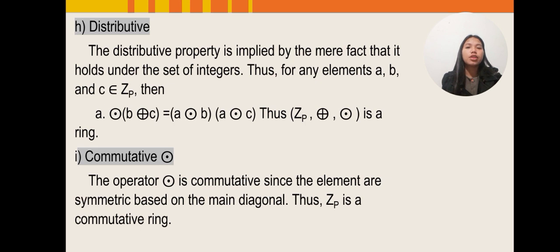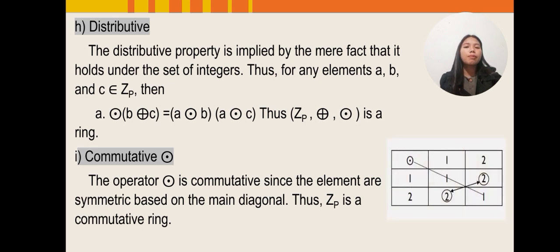Okay, distributive. The distributive property is implied by the mere fact that it holds under the set of integers. Thus, for any elements a, b, and c of Z sub p, we have a Hadamard product (b plus c) equals (a Hadamard product b) plus (a Hadamard product c). Thus, Z sub p with the direct sum and the Hadamard product is a ring.